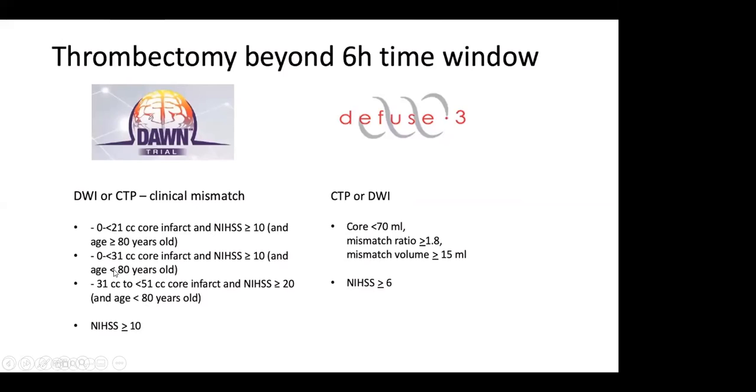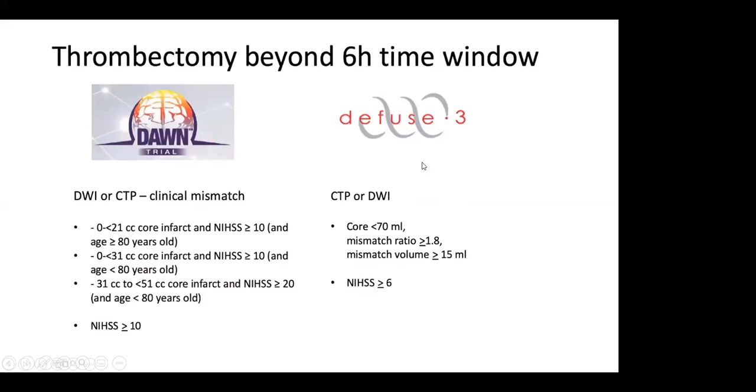If the patient is less than 80 years old, with NIHSS score of more than 10 and core infarct volume 0 to less than 31 cc, they will be randomized into the trial to receive either a thrombectomy or best medical treatment only. And in those less than 80 years old with NIHSS more than 20, they take a core infarct volume of 31 to less than 51 cc.